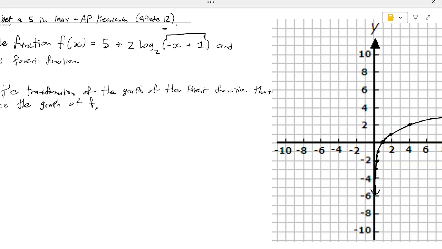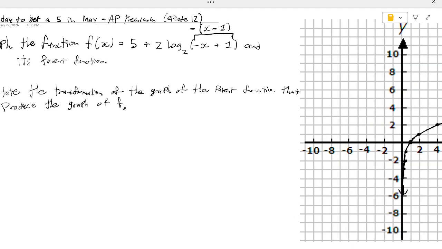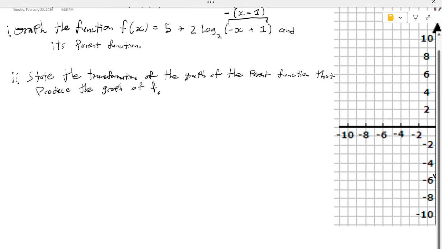So if we take this negative out, we get negative x minus 1. And the x has nothing multiplying it, so we have our translation, and we have our dilation or reflection, and we want that factor to be multiplying the entire inside, not just the x.